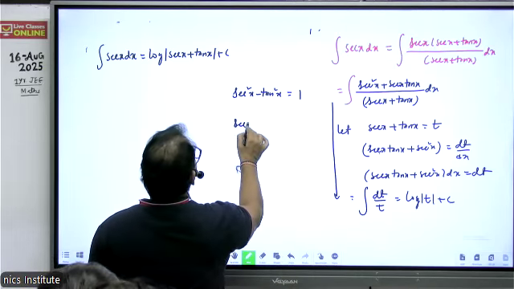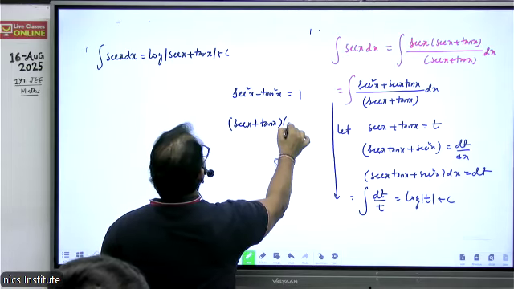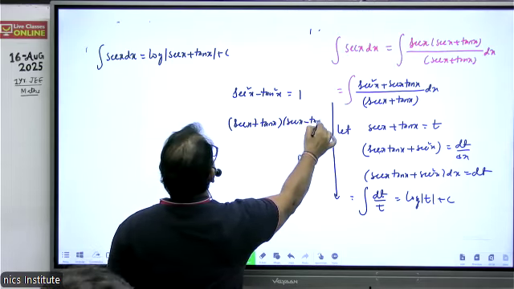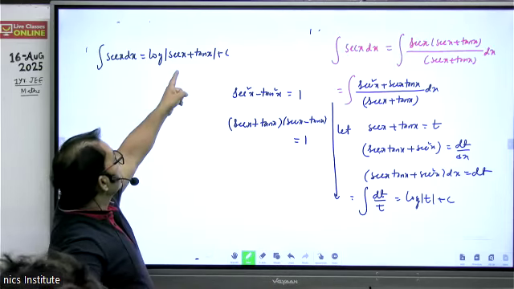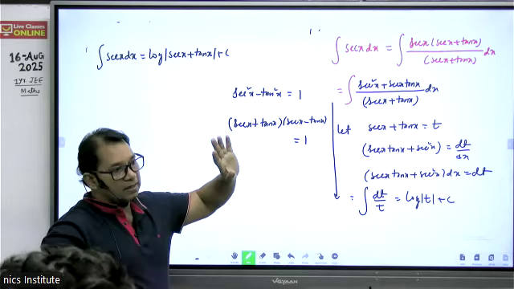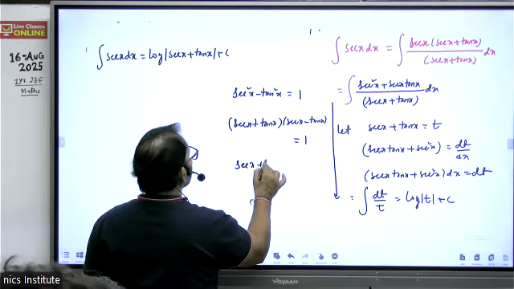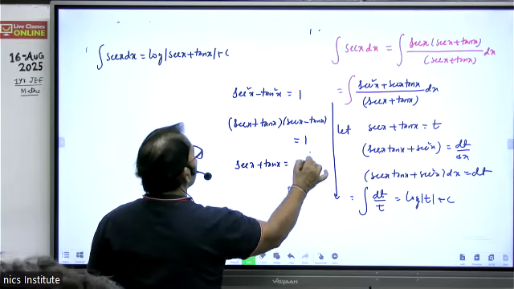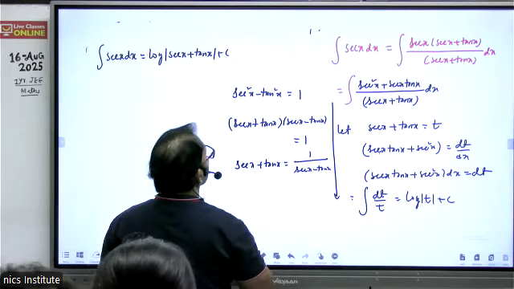That means if you factorize, sec x plus tan x into sec x minus tan x is equal to 1. You can always replace sec x plus tan x by 1 over sec x minus tan x.